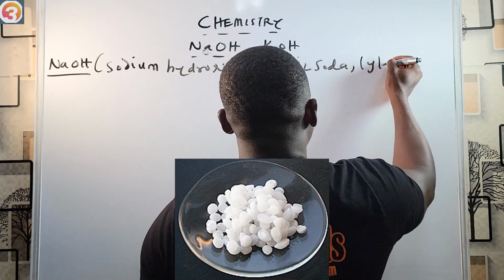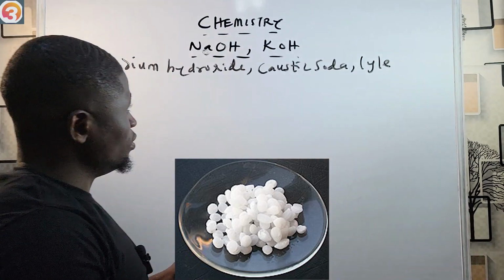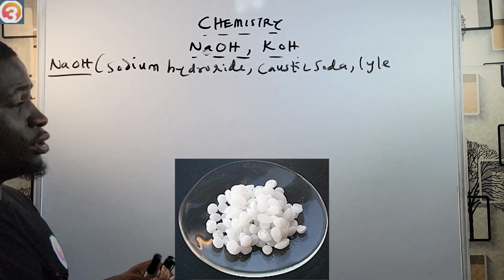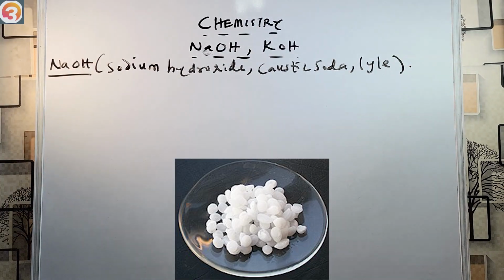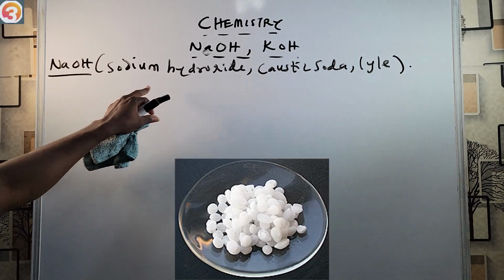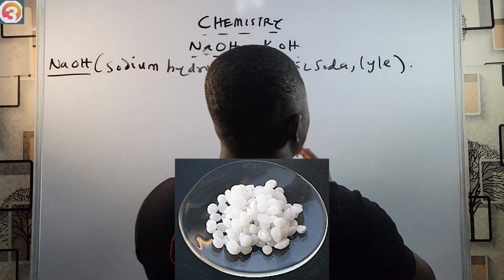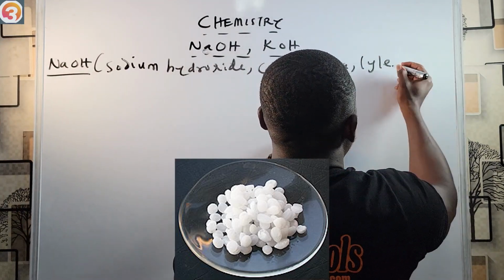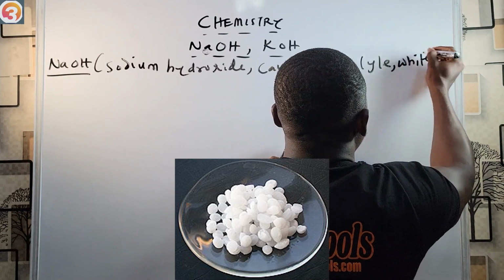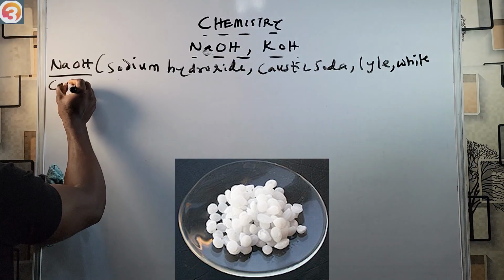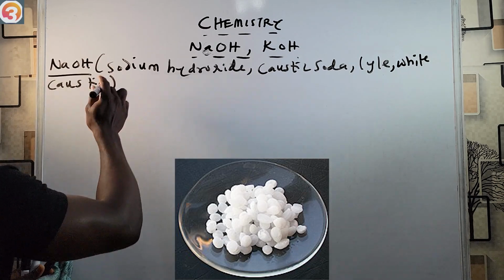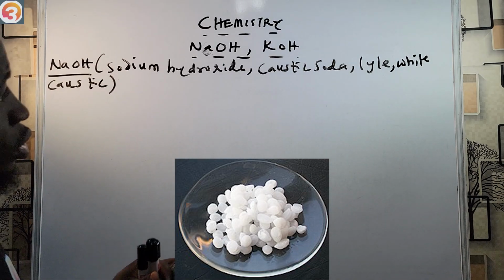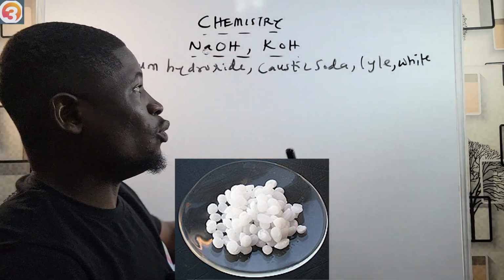It's also called lime. It's also called white caustic. All right, so these are the names for sodium hydroxide, also called caustic soda, lime, or white caustic.